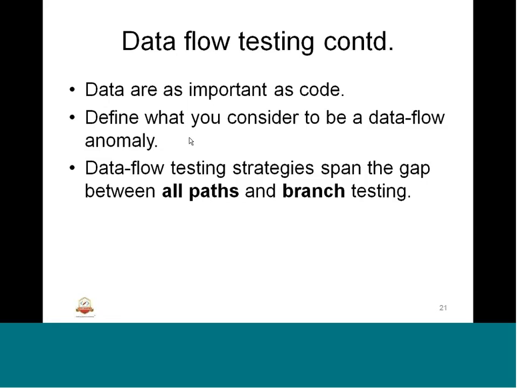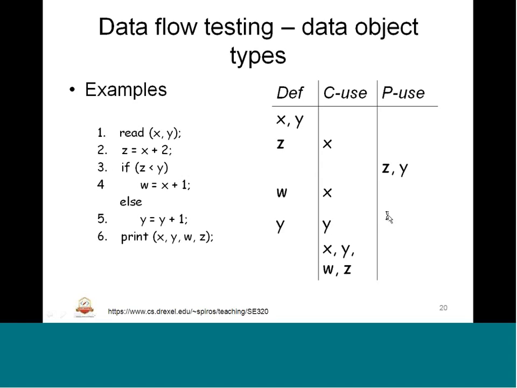So data flow testing strategies span the gap between all the paths and branch testing. It is not enough to just have branch testing by supplying Z and Y values and making sure that the path 1, 2, 3, 4, 6 is done. One path is here.